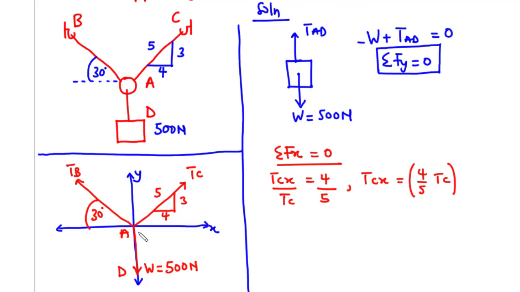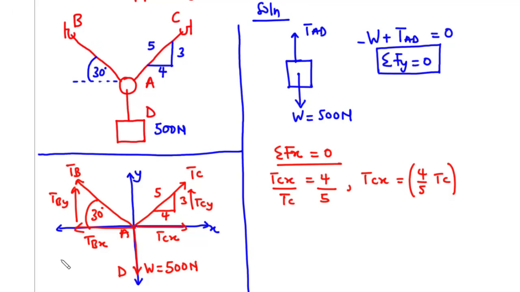Notice that TCX acts along the positive x-axis. Therefore, we still maintain this value as positive. For TBX, we have TBX acting along the negative x-axis, and then we have TBY acting along the positive y-axis. So for TC, we have this also to be TCX, and then this to be TCY.